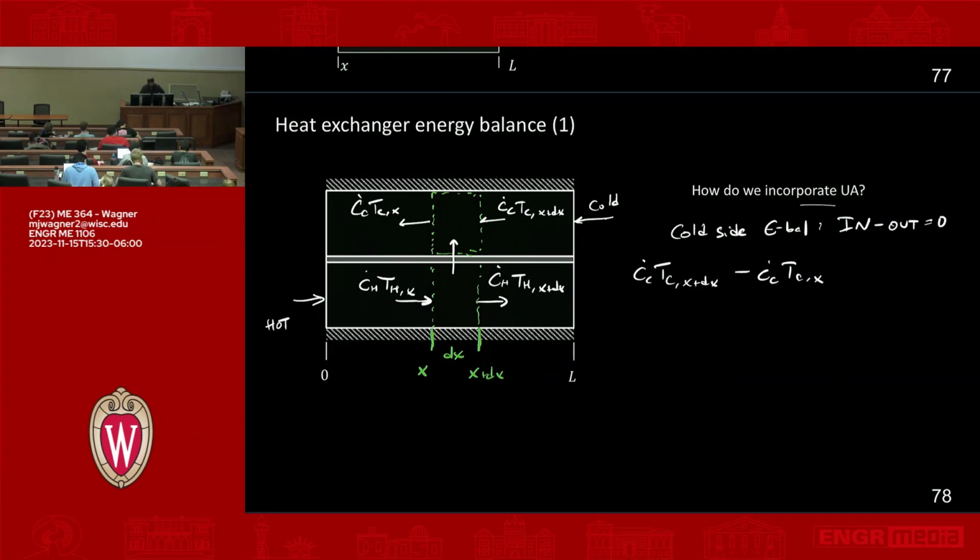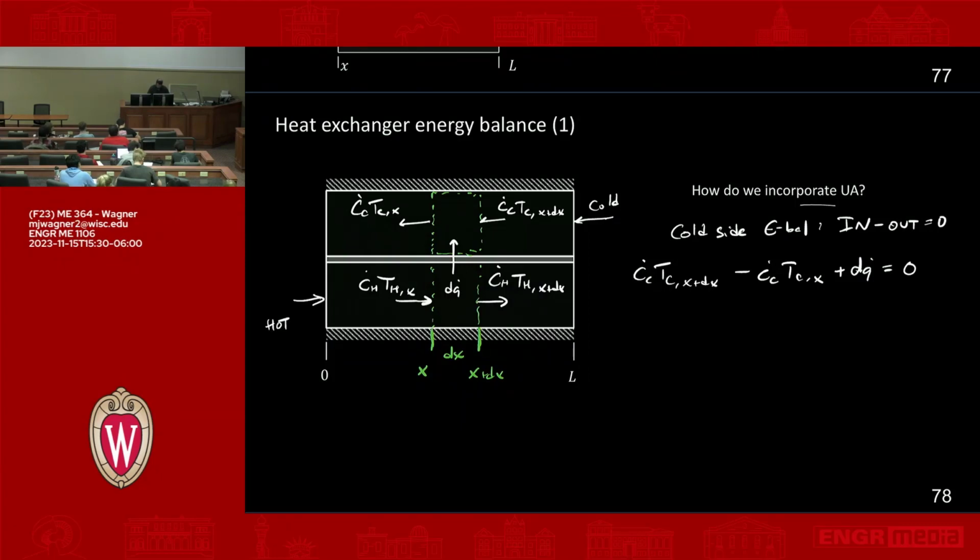From the cold side, we also have coming in the heat flow. So plus, I didn't label this, that arrow from hot to cold, for a differential volume, let's call that dq dot. It's a differential component of the heat. So we have coming in this dq dot. All that equals 0. Okay, we can expand out as we normally do.